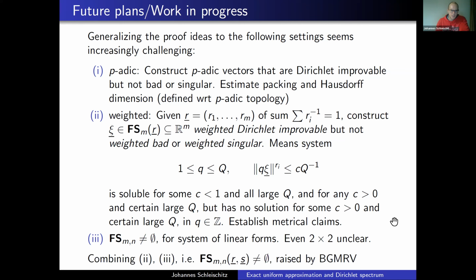And yeah, combining 2 and 3 was again explicitly mentioned in this Beresnevich, Guan, Marnat, Ramirez and Velani paper, to solve the combination of 2 and 3, where S is again some weight vector for the psi.